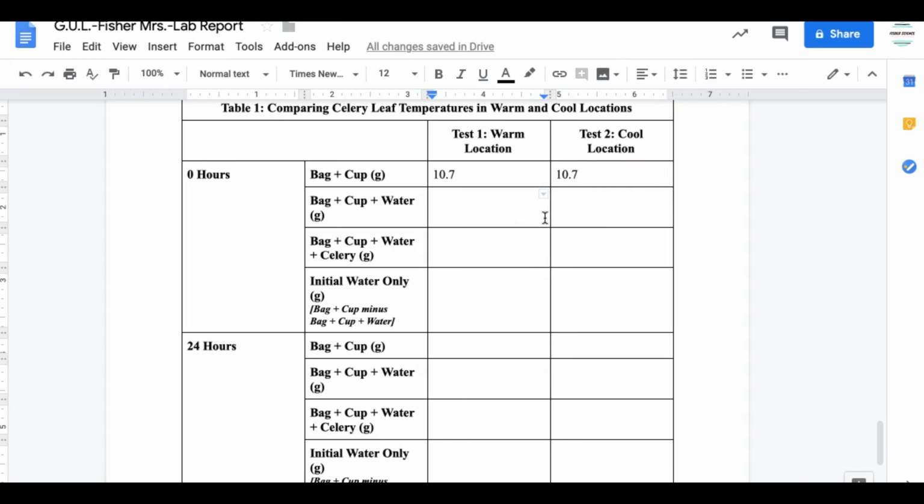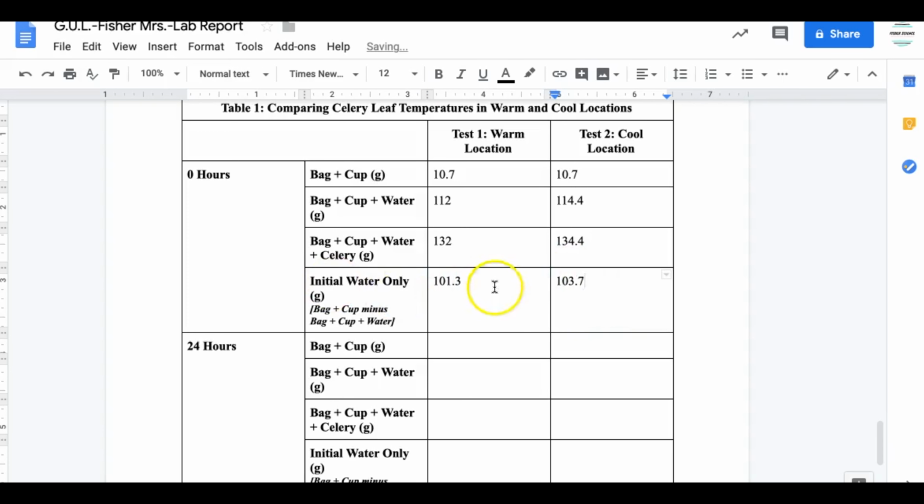Bag, cup, and water was 112 in the warm, and 114.4 for the cold. With the celery, it was 132 in the warm and 134.4 in the cool. So then the initial water only was 101.3 and 103.7.